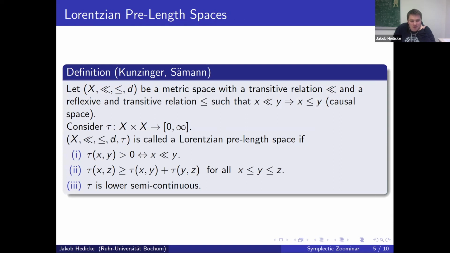But one can define the notion of geodesic, similar to metric or length spaces. What I didn't define is the notion of Lorentzian length space, which also exists and involves more properties of geodesics, like local existence of geodesics between two points in the Lorentzian pre-length space.